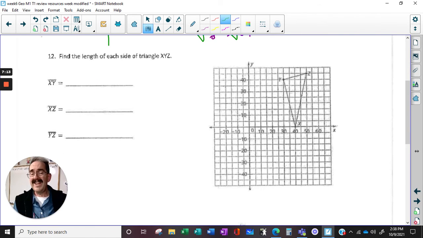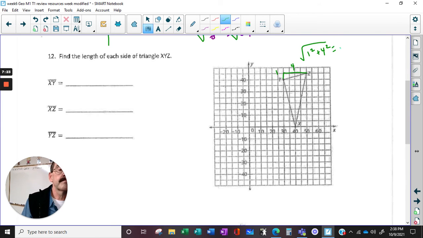Just pick one, any one. Okay? So this one, 1, 4, right? So 1 squared plus 4 squared, take the square root.